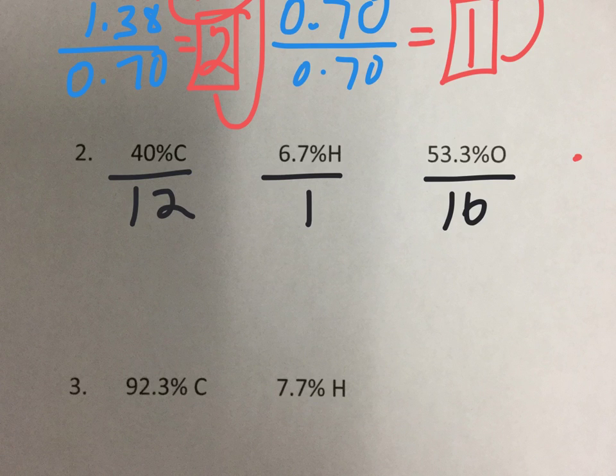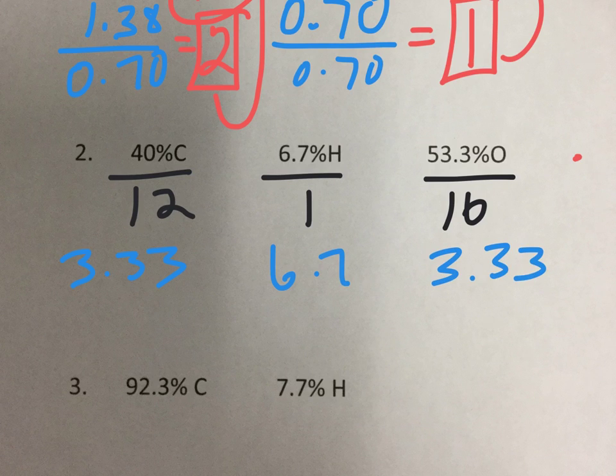For carbon, 40 divided by 12 gives me 3.33. For hydrogen, I have 6.7. For oxygen, 53.3 divided by 16 gives me 3.33.